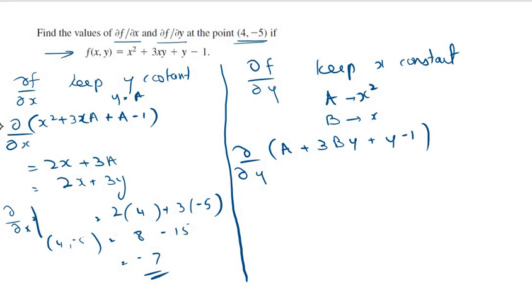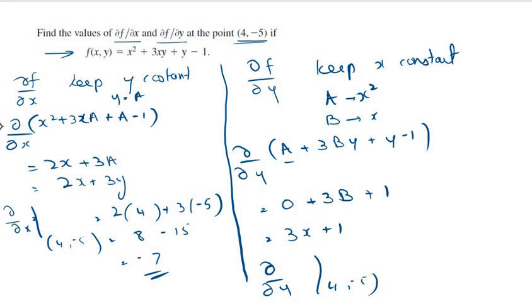So that should be easy. This is a constant, so that is 0, plus when you differentiate this, you get 3b plus 1, and b is x, so it's 3x plus 1. So the partial derivative with respect to y at (4, -5) is 3 times 4 plus 1, that is 13. So let's do one more question.